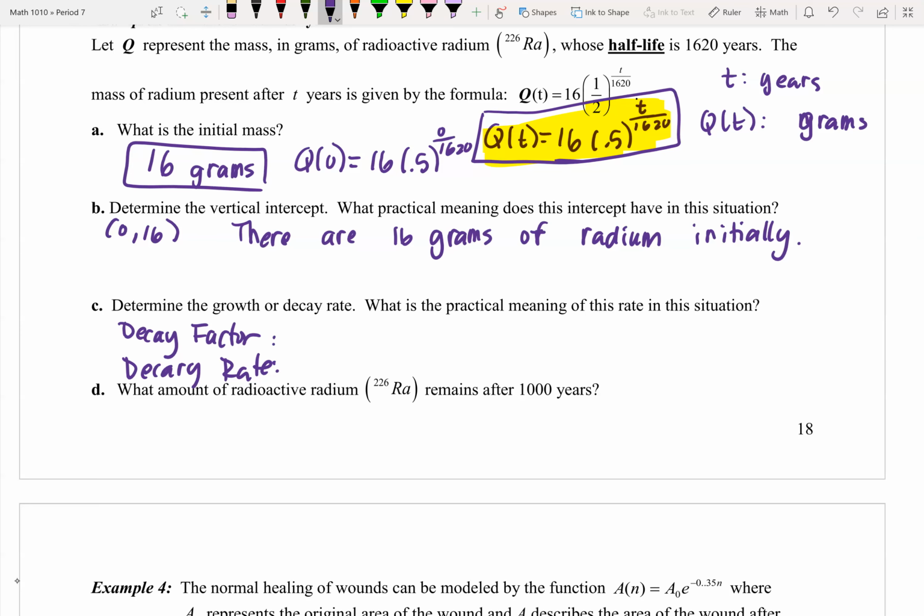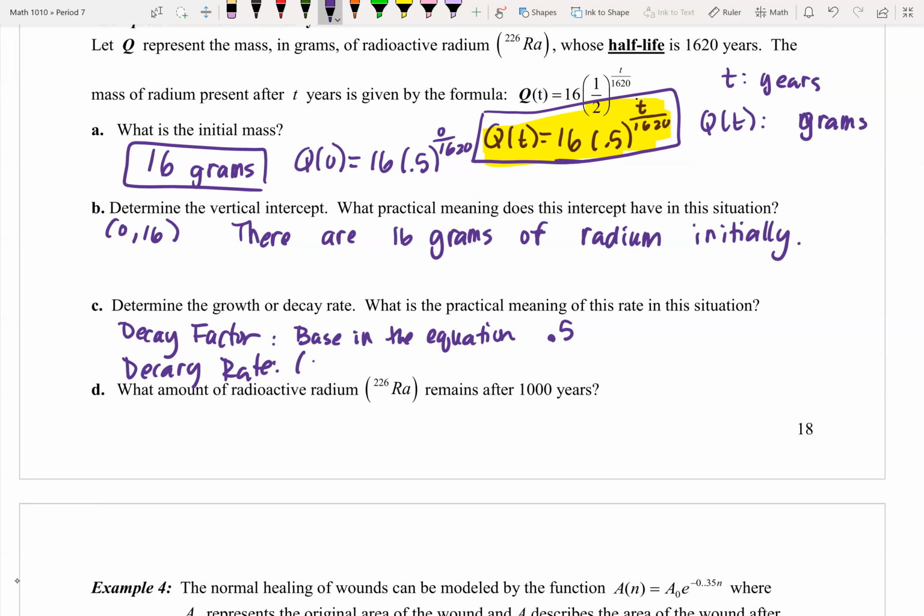The factor is the base in the equation. Well, that's easy. Look at the equation. What's the base? 0.5. So the decay factor on this problem is 0.5. To find the decay rate, we talked about this, but you weren't like 100% perfect on it.